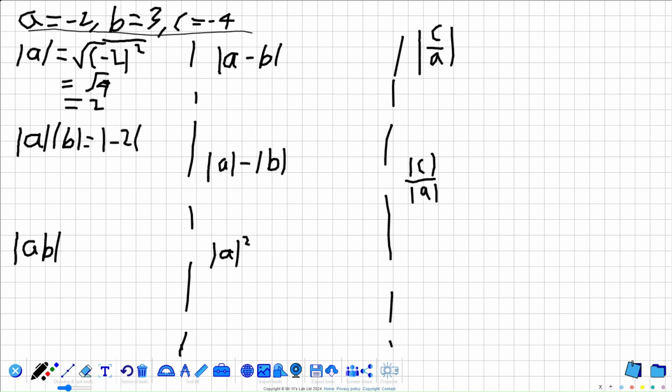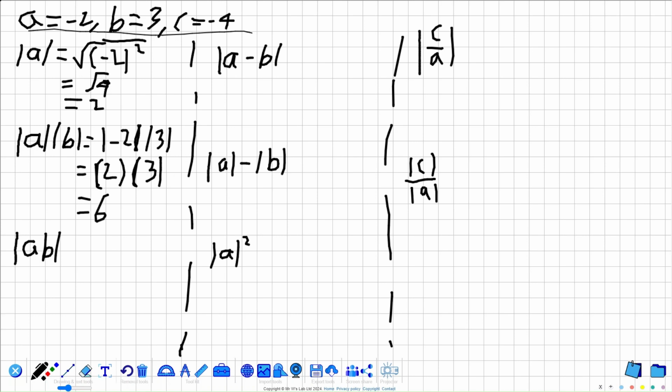So we've got 2 times mod 3. We know that mod -2 will just become 2, and mod 3 will just become 3, and so obviously 2 times 3 equals 6.